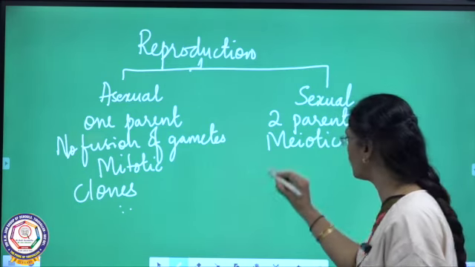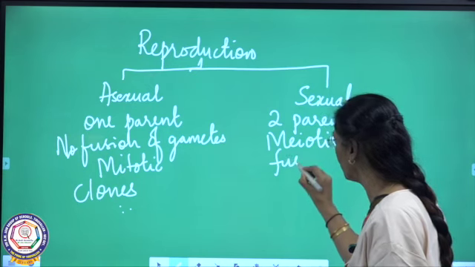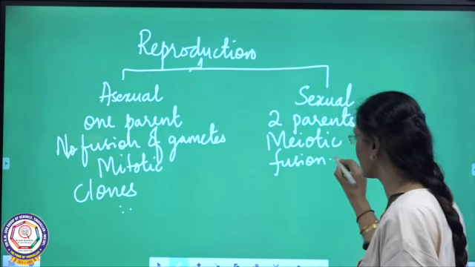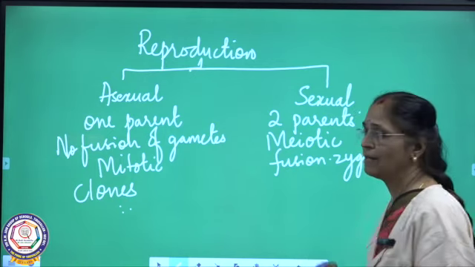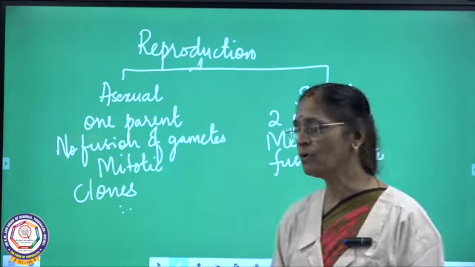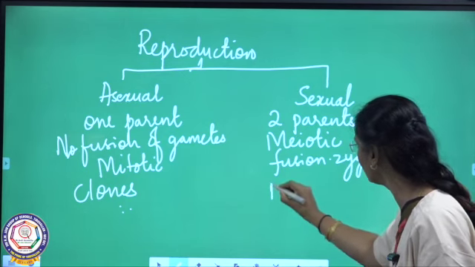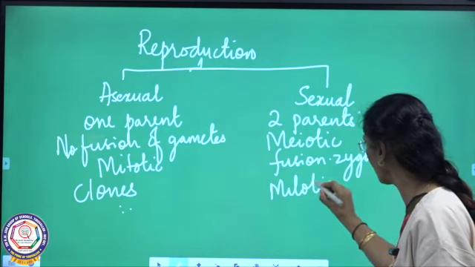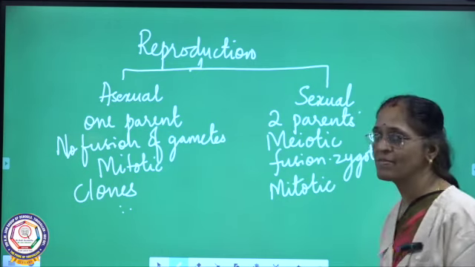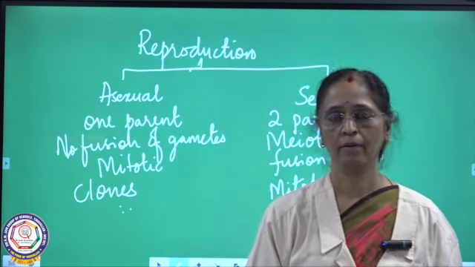After this, the fusion takes place, resulting in the formation of a zygote, and this zygote undergoes mitotic division, resulting in an offspring.